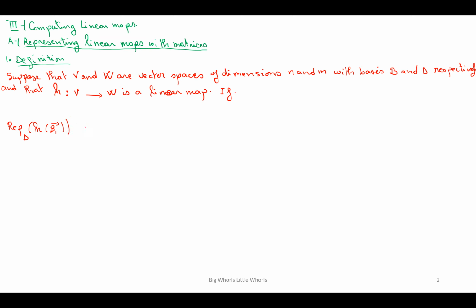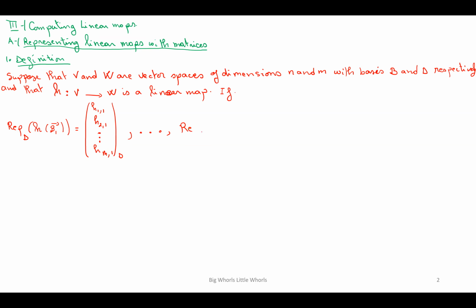The representation with respect to D of the image of the first vector of the basis B is equal to (h11, h21, ..., hm1).